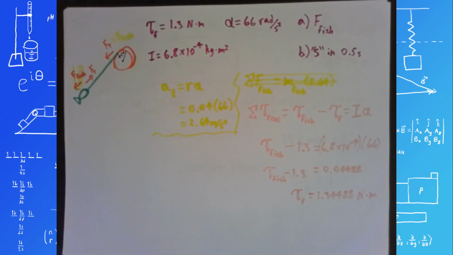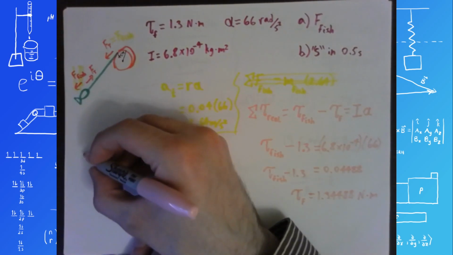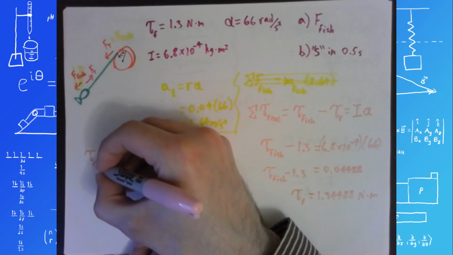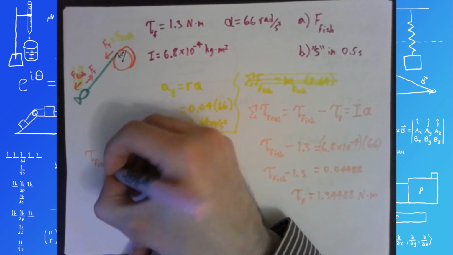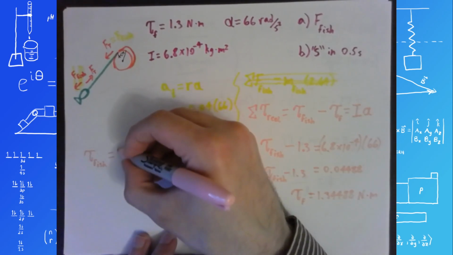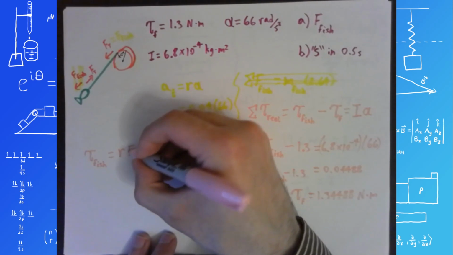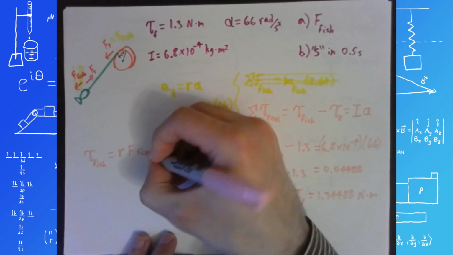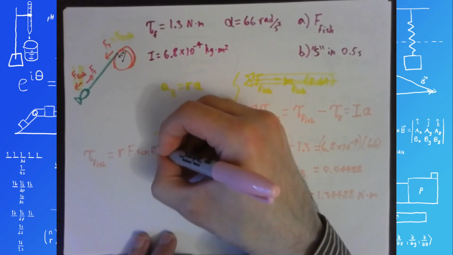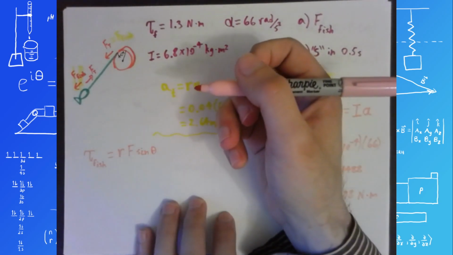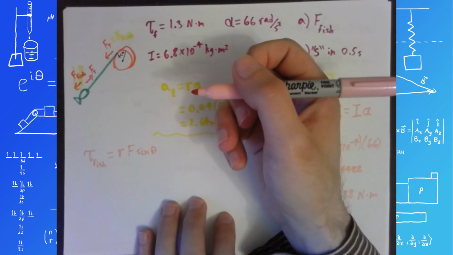All right, and then the other formula for the torque due to the fish would simply be the basic torque equation. Torque due to a force is equal to the lever arm times that force times the sine of the angle between the force and the lever arm. So the lever arm is from the axis of rotation to the point where the force is applied.